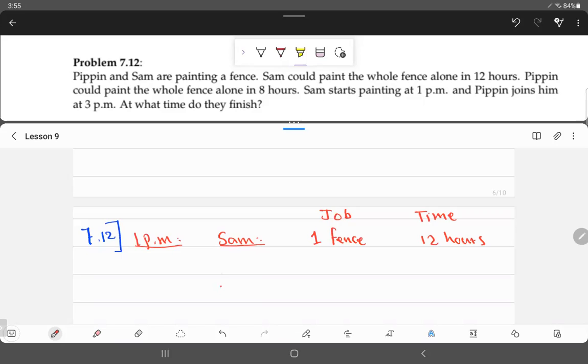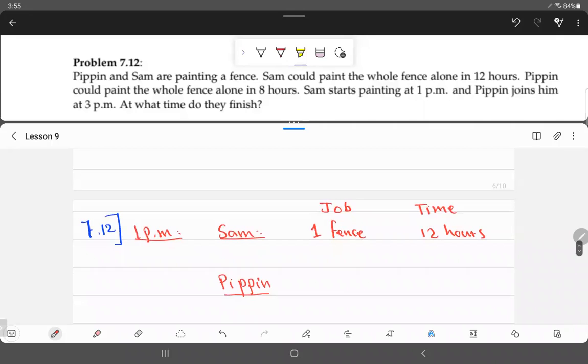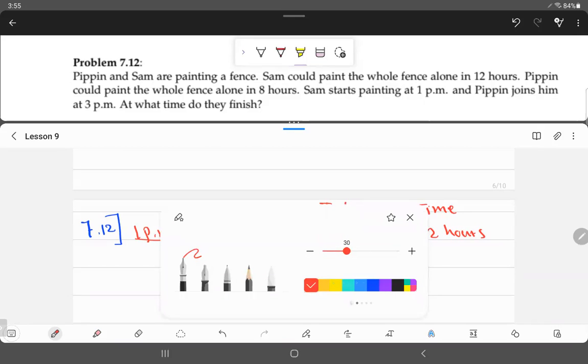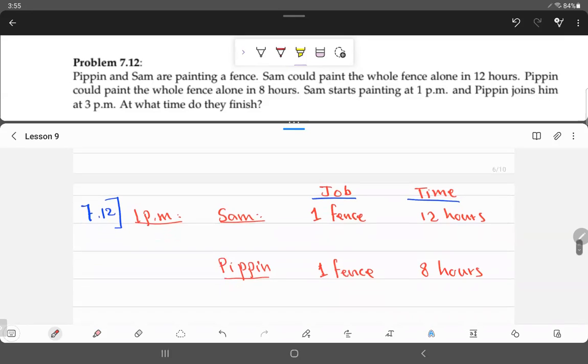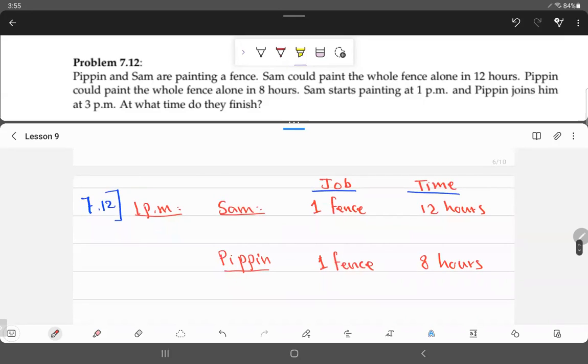Now, Pippin can do the same job, one fence, painting the fence, in 8 hours, right? Pippin starts painting at what time? 3 o'clock. Do you agree?